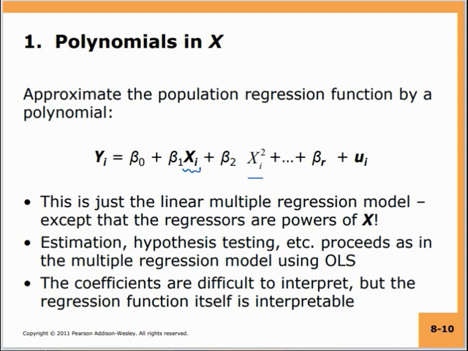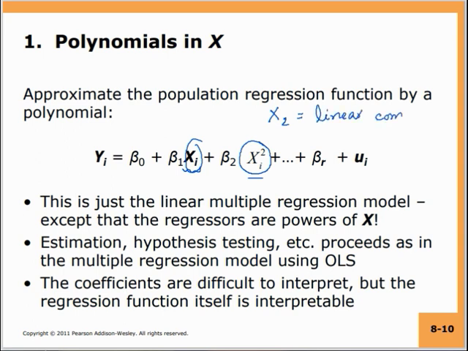So this is just a linear multiple regression model, except that the regressors are powers of x. Now you may think that you are putting the same variable twice. You are putting xi and you are putting xi square. So wouldn't this result in perfect multicollinearity? But if you remember, for perfect multicollinearity to happen, x2 has to be a linear combination of x1.